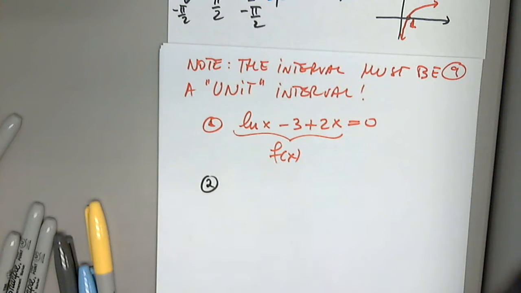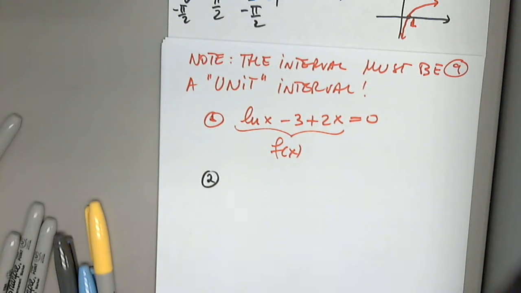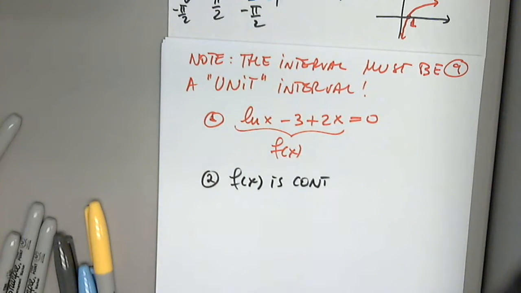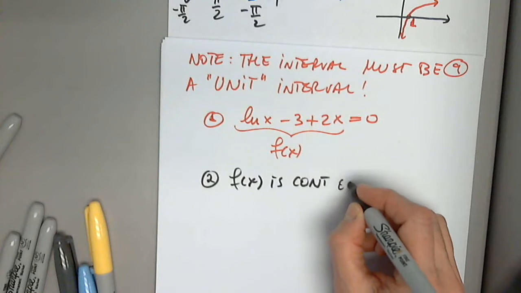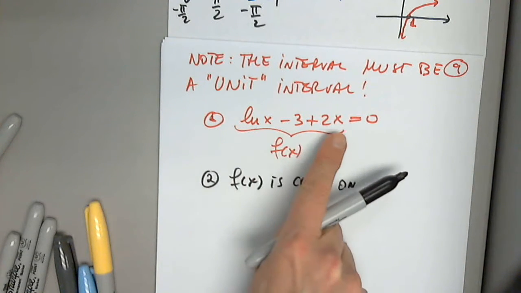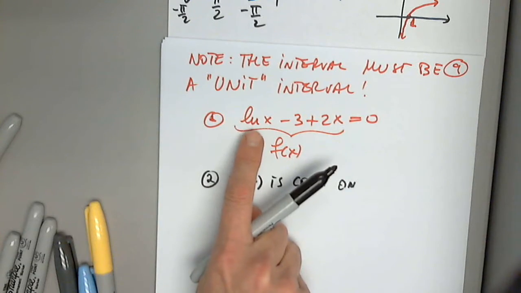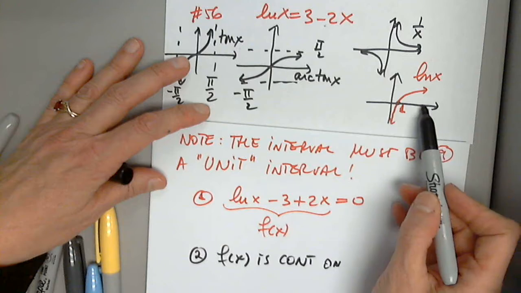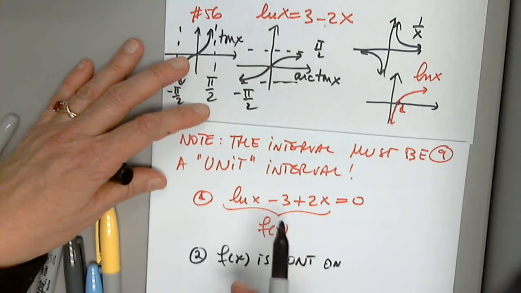Okay, in step 2, I have to say that f of x is continuous, but I have to find the interval. This is not continuous everywhere. This is, and this is, but this is not continuous everywhere. So I know that I have to look for something to the right-hand side of 0 because this will not exist.